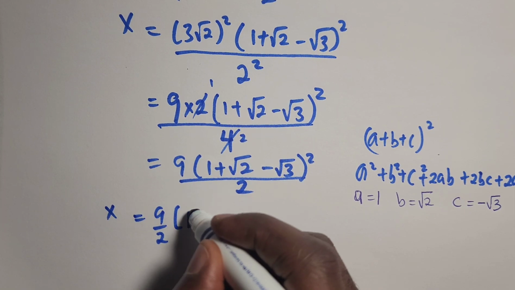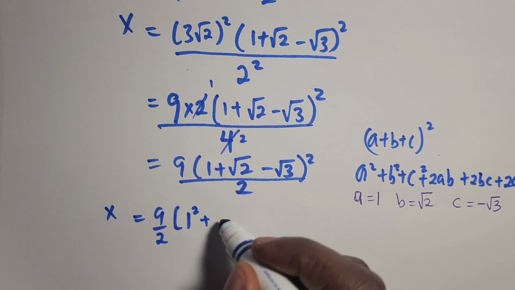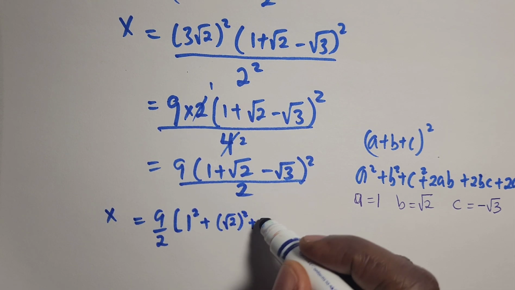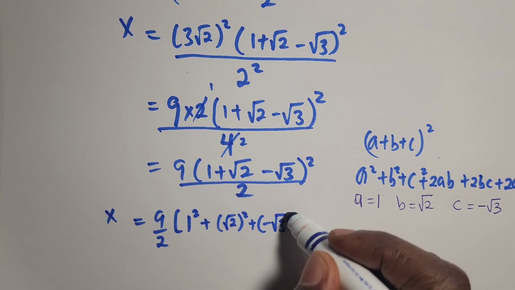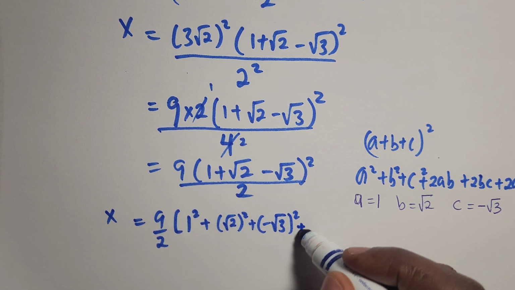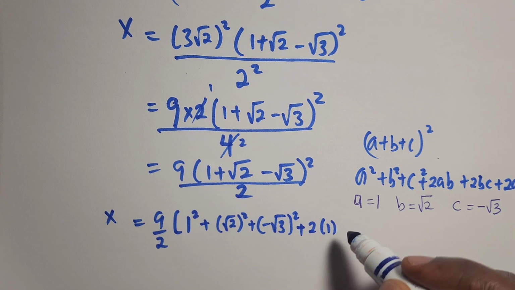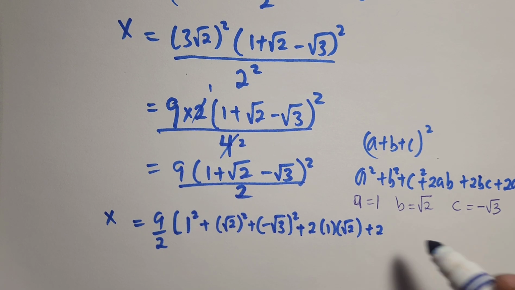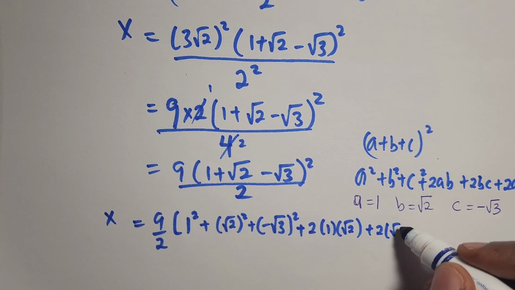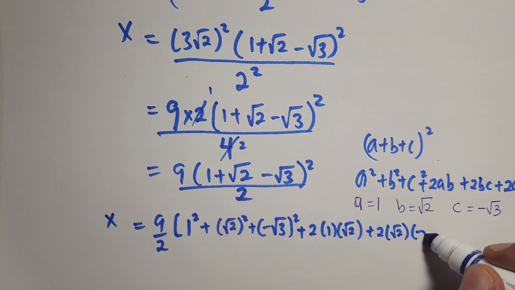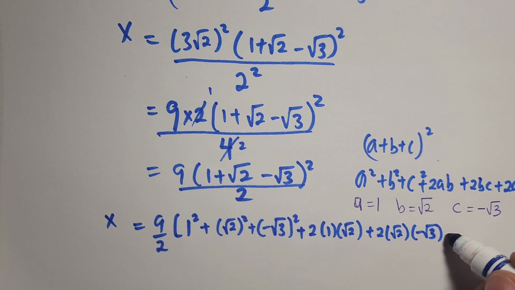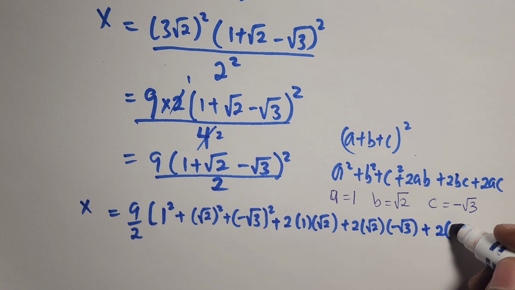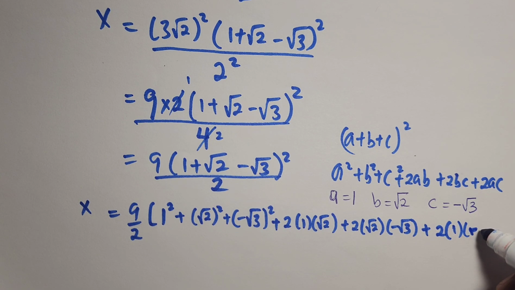So I have my a squared, which is 1, plus my b squared, which is the square root of 2 squared, plus my c squared, which is the square root of negative 3 squared, plus 2ab, 2 times 1 times root 2, plus 2bc, 2 root 2 times negative root 3, plus 2ac, which is 2 times 1 times negative root 3.